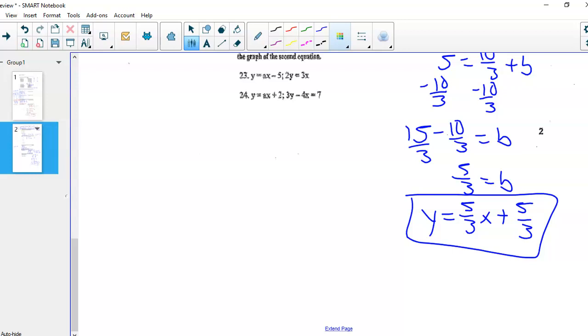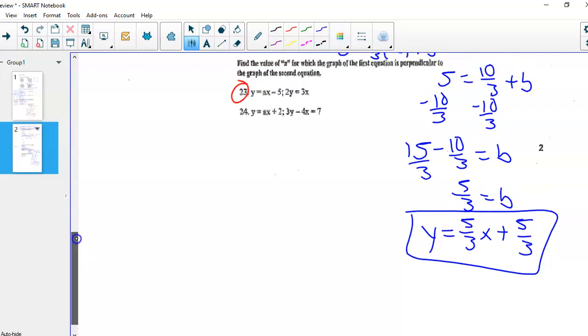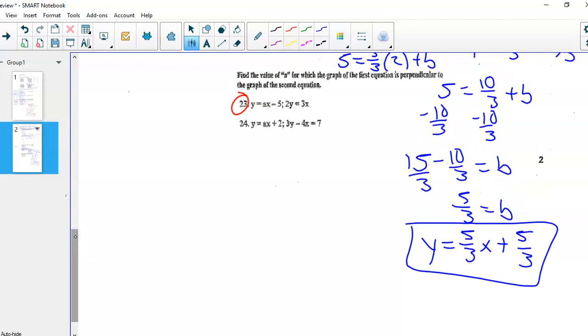Last one. For 23, these are asking you to find the value of A. In order to find the value of A that is perpendicular to whatever this is, we need to solve this first for y. So if this first equation has to be perpendicular to this one, what will this A value be?